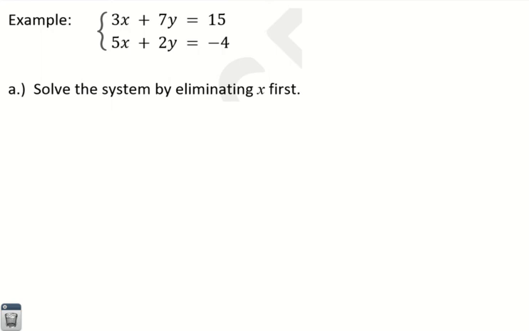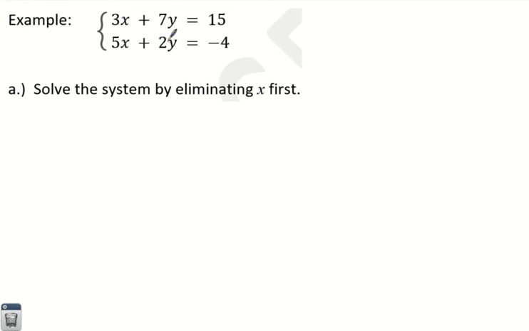Now, could I multiply 3x by something to turn it into the opposite of this? Can you make a 3x into a negative 5x? I mean, you could, but you'd have to use fractions. So, no thanks.